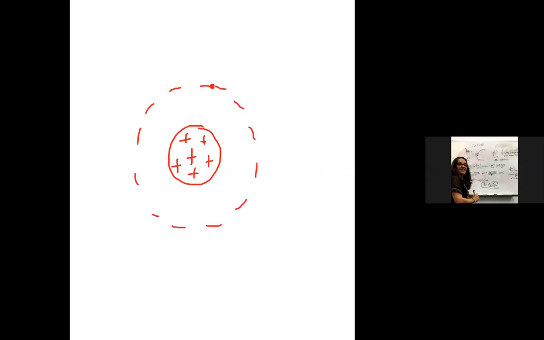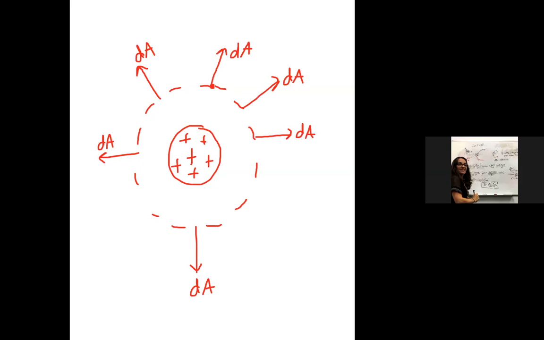And it's not a circle, it's a sphere. It's a whole balloon. So here dA, here dA, here dA, here dA. Let's do one right in the middle, somewhere over here, dA.